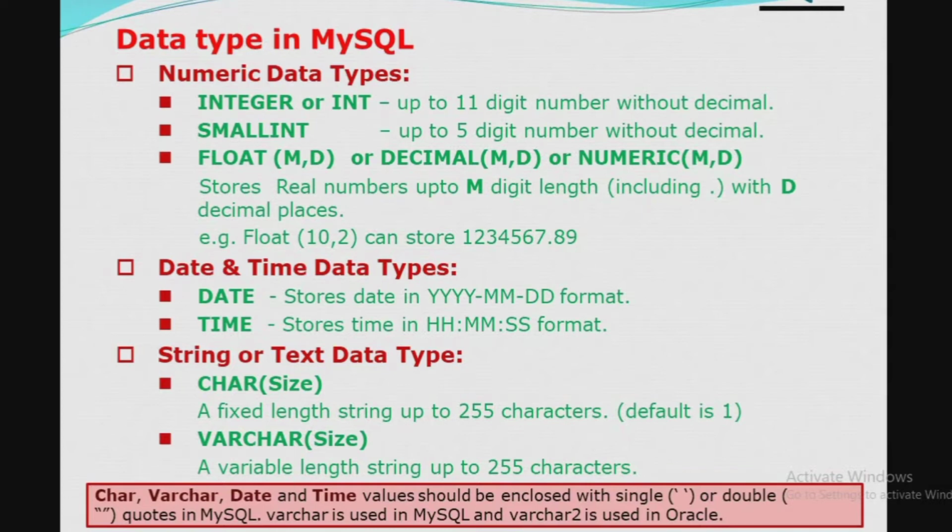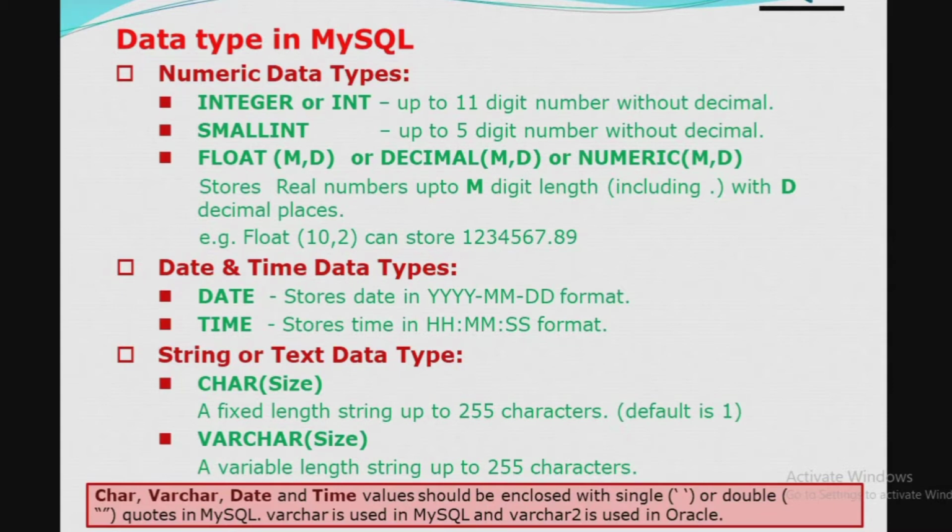Date and time data types are used to store date and time. It stores date in YYYY-MM-DD format and time in HH:MM:SS format. String or text data type. There are two types of string or text data type.